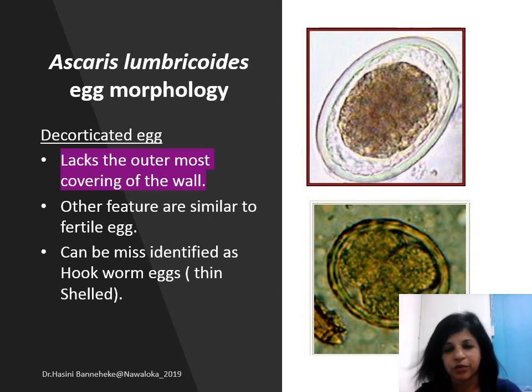Whichever it is, I'm trying to show you that when the mammillated layer is sloughed off, it can be entirely gone or partially gone, like the lower picture. So decorticated eggs are also Ascaris lumbricoides fertilized eggs, where the mammillated layer is partially or completely gone.